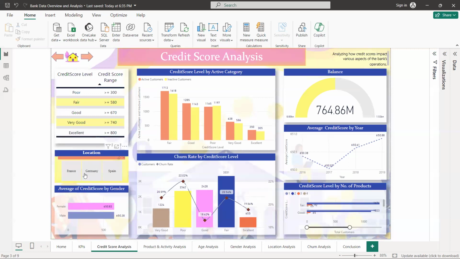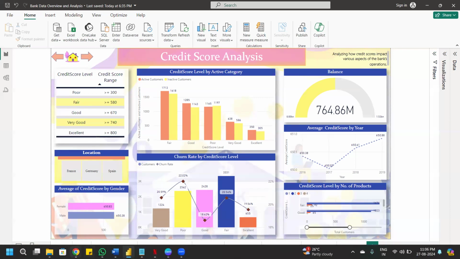Next, I've placed a location filter. Next comes a chart which displays the average of credit scores by gender. As we can see, there is no significant gender disparity in credit scores, indicating balanced financial behavior across genders.